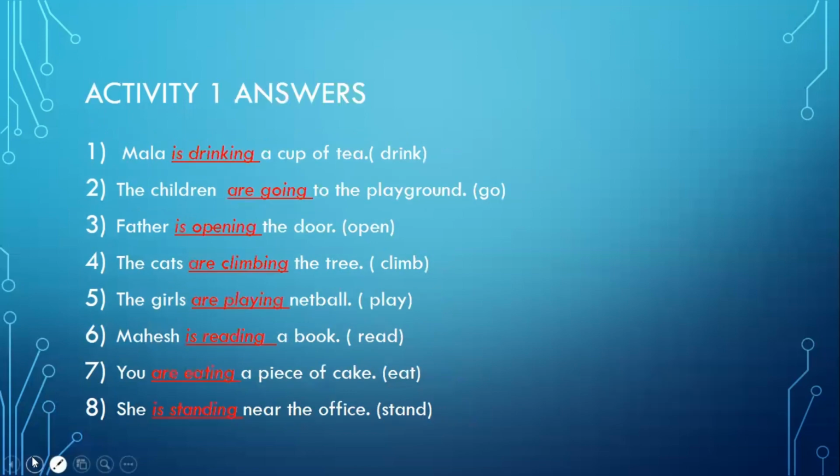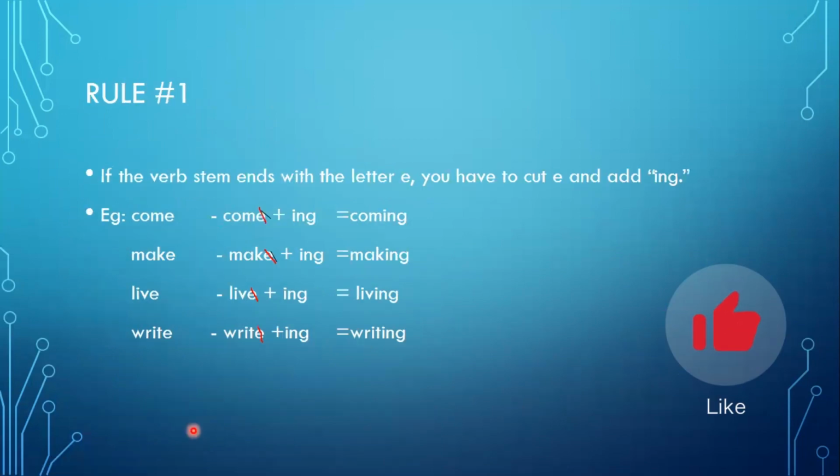You can check your answers now. I told you earlier, there are some rules that we have to use when we are using the present progressive tense in written English.